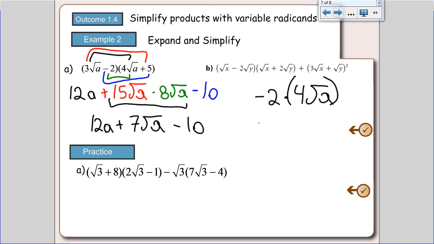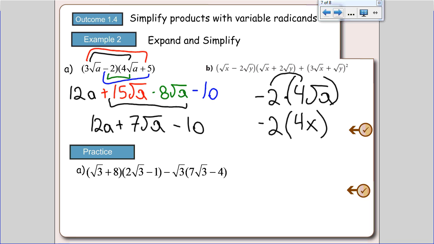Negative 8x, because just the coefficients would multiply together. The x would just be with it. It's the same idea here. This root A is like a variable, like x. It's its own thing. So the coefficients multiply together, and that's bringing your term in. There's only 2 terms here: negative 2 and 4 root A is its own term.